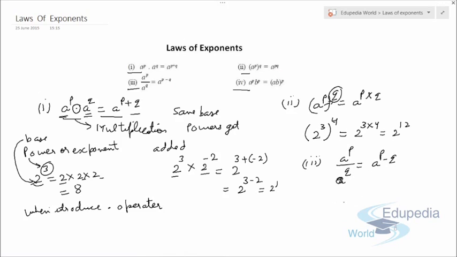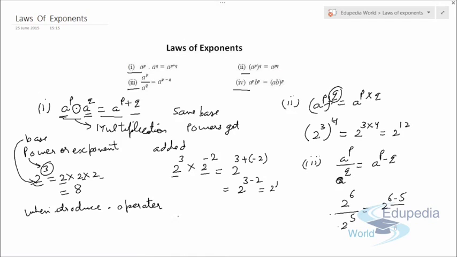Suppose we have a question like this, 2 raised to power 6 divided by 2 raised to power 5. This can be written as 2 raised to power 6 minus 5. In this question we have the same base, so we can subtract the powers. Why? Because the numbers have the same base and they are dividing each other, so the powers get subtracted.